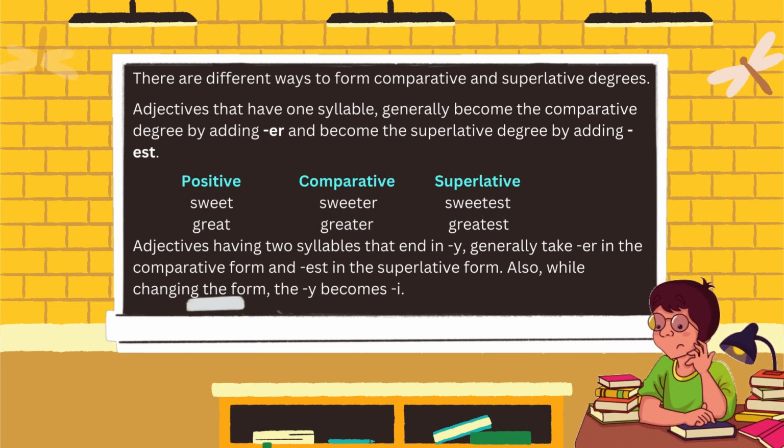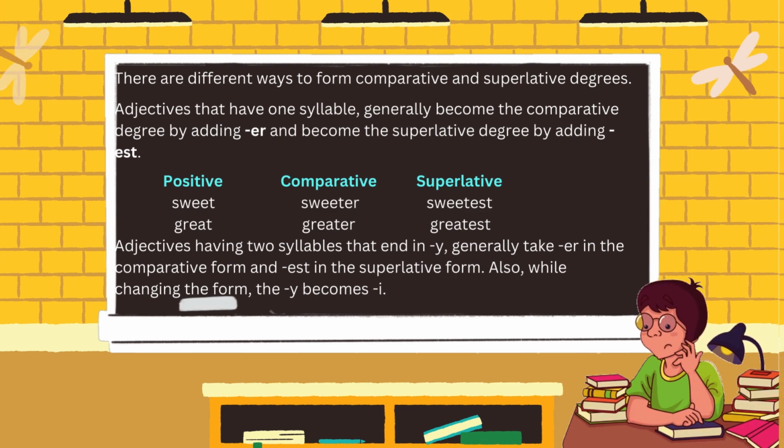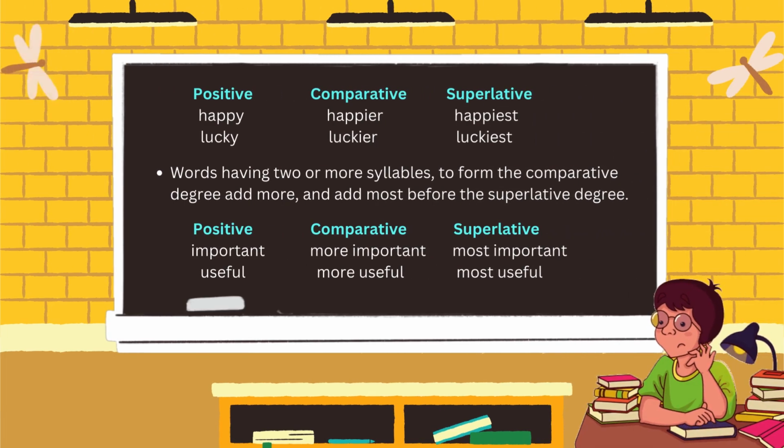Adjectives having two syllables that end in y generally take "er" in the comparative form and "est" in the superlative form. Also, while changing the form, the y becomes i. Positive, comparative, superlative.